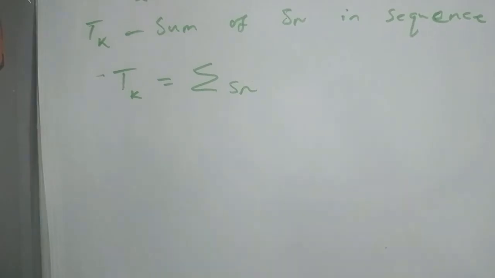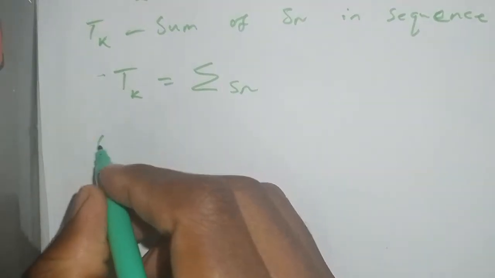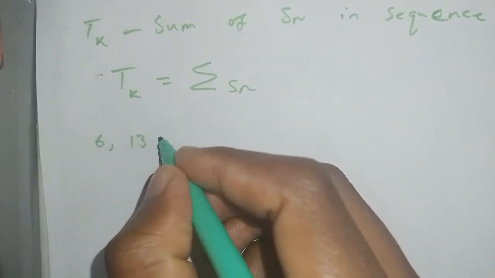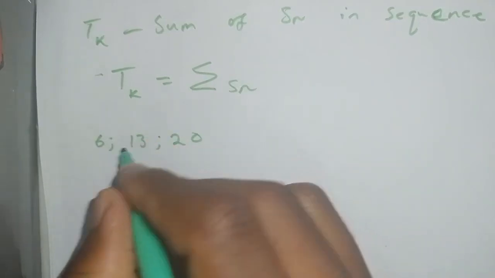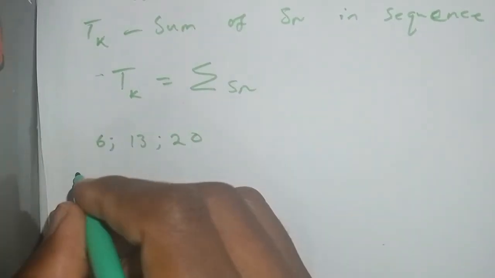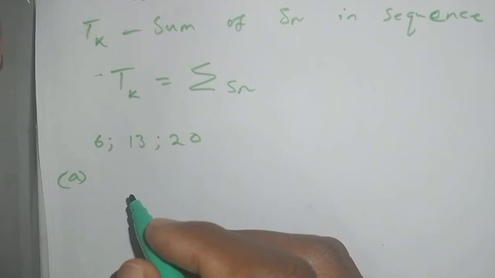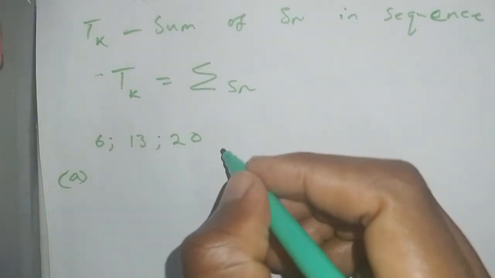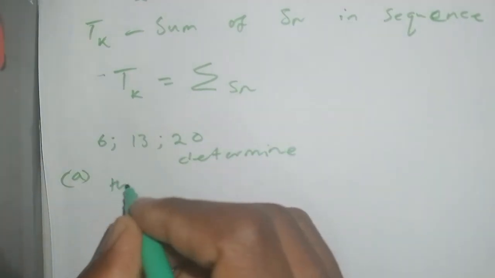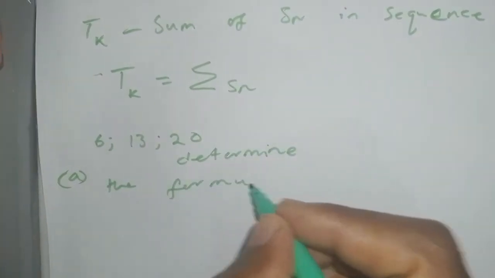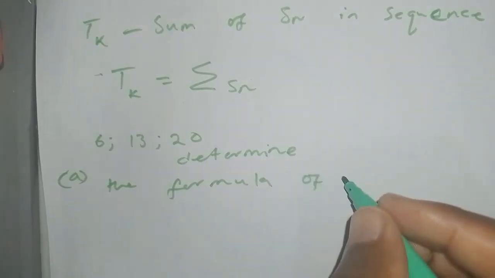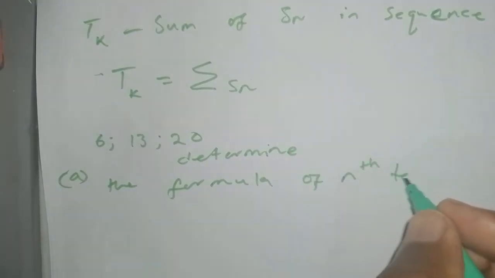We have a very simple question that says, you have 6, 13, 20, right? This is your sequence. A, determine the formula of the nth term.